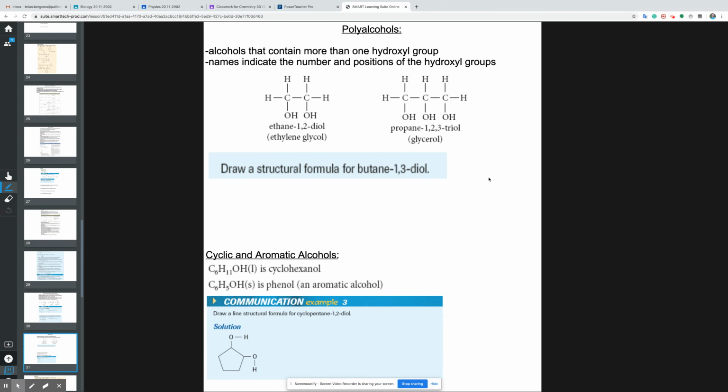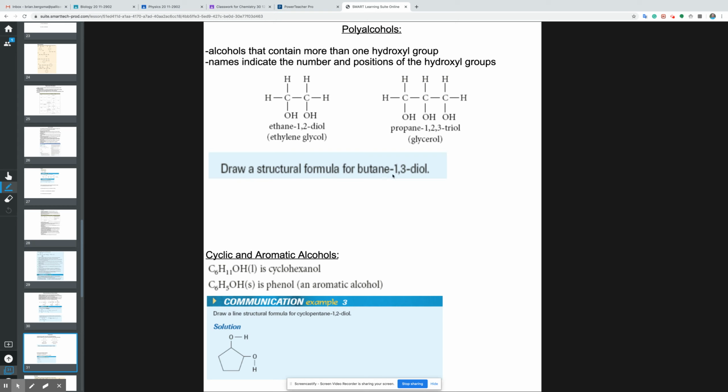Okay, and alcohols can contain more than 1 hydroxyl group, so you just have to indicate in the name if they have more than 1. So for this one, ethane-1,2-diol, propane-1,2,3-triol.